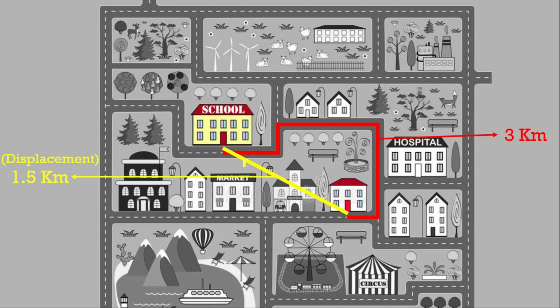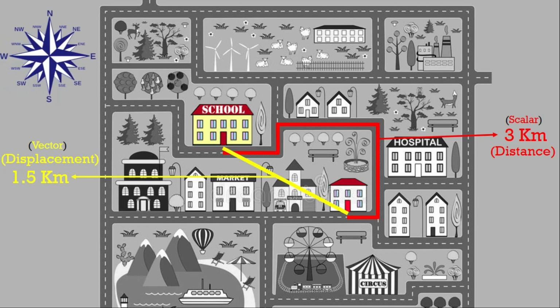Also understand that displacement is a vector quantity as opposed to distance, which is a scalar, which means that we need to specify the direction in which the object moved while expressing its displacement, which in this case is towards the northwest direction. So the distance you traveled in this case is 3 kilometers, while your displacement is just 1.5 kilometers towards the northeast direction.